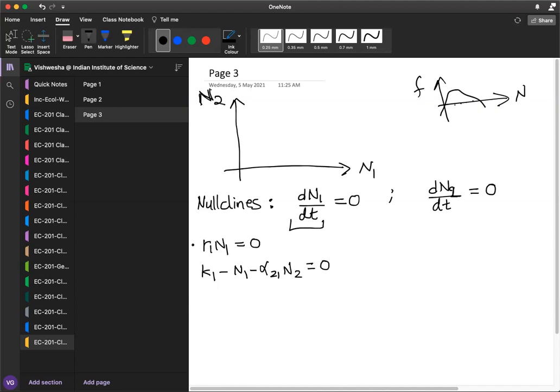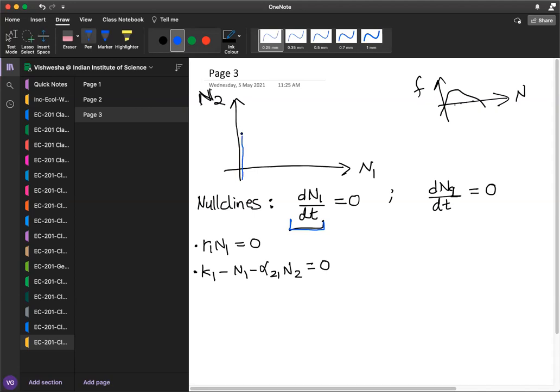So these are two null clines corresponding to species 1. Shall we plot them now? I'm going to use blue to plot null clines for species 1, and red for species 2. So what does R1 N1 equal to 0 mean? It basically means N1 is equal to 0, which is the y-axis.